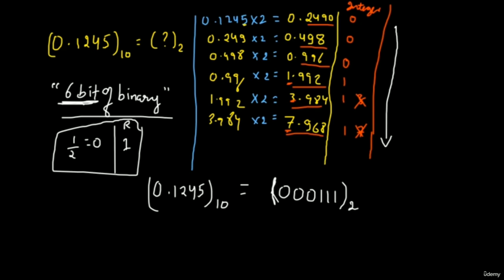We must be given how many bits we are going to find, like in our case we have 6 bits, and then take the answer from upside down, like I just presented in front of you. And I think it is very clear from this point how we are going to work with these things.